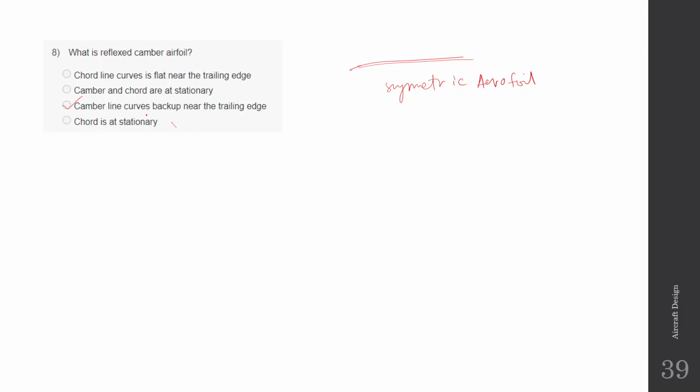The third option is the correct one. A reflex aerofoil is like a cambered aerofoil, but right at the tip it curves back up. This is the reflex feature, and because of this, it is called a reflex cambered aerofoil.